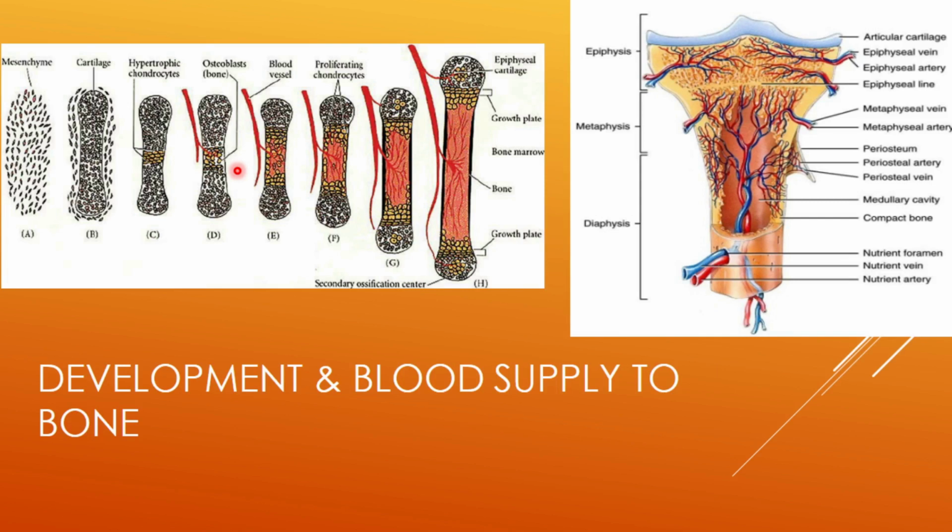So in our long bone example, this first happens in the shaft of the bone, or the diaphysis. So this is known as a primary ossification centre. A blood supply will then enter into the ends of the bone, known as the epiphyses, and this will be the secondary ossification centre.